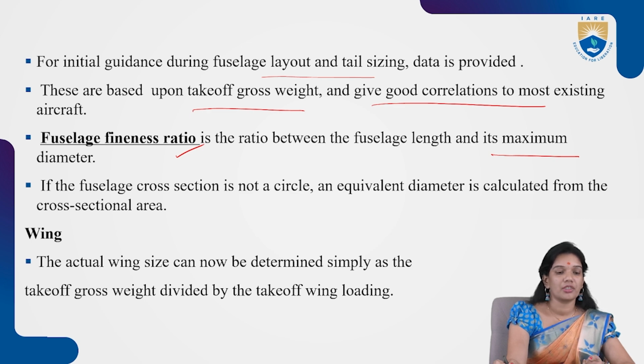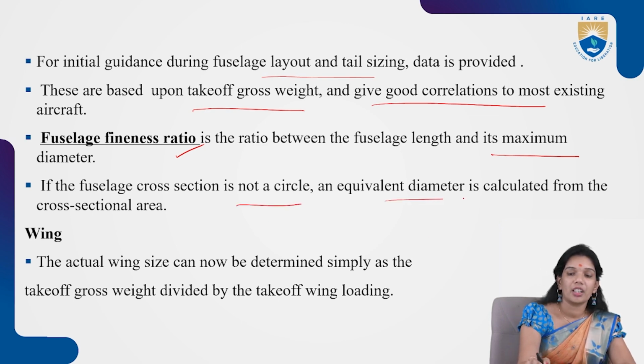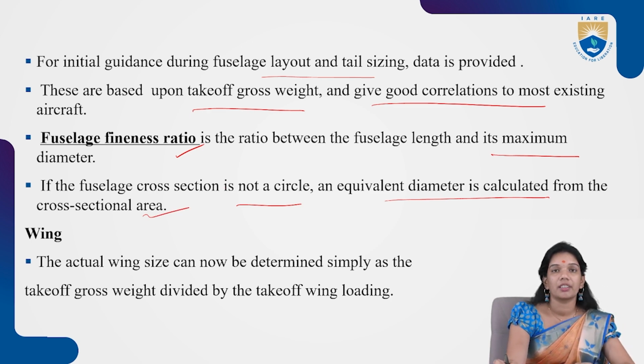Therefore, my fineness ratio is important here. So we calculate the fuselage fineness ratio. If the fuselage cross section is not a circle, an equivalent diameter is calculated from the cross-sectional area. That is how we calculate the sizing of the geometry of a fuselage.